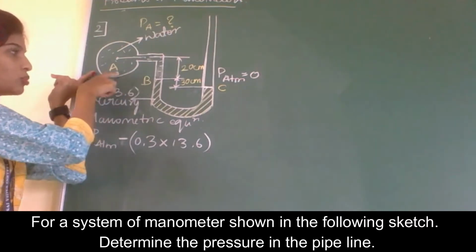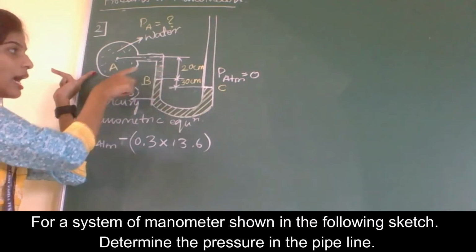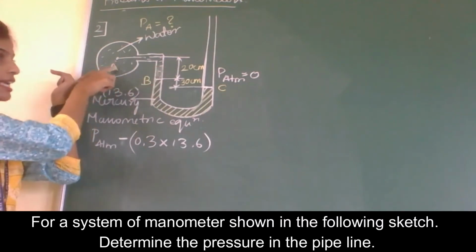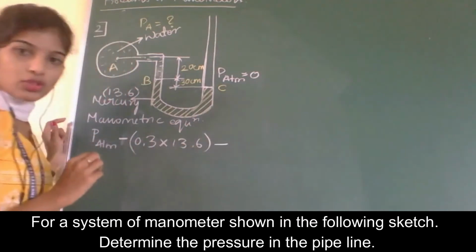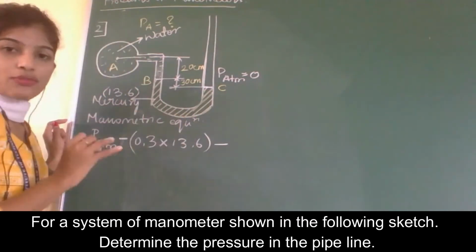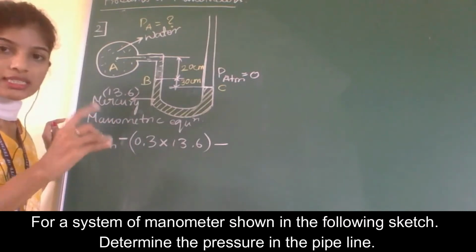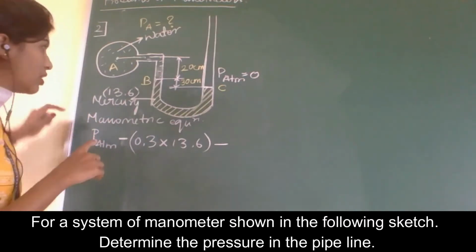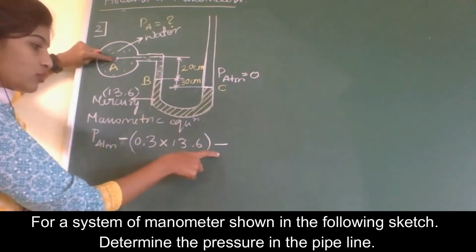And next from B, we move to the next meniscus point, that is A. From B to A, the height difference is 20 centimeter. Compared to B, A is above. Again, as A is above, you have to subtract. Above means you have to subtract, below means you have to add. That is the one thing you have to remember here. If the point is above compared to the previous point, then you have to subtract.